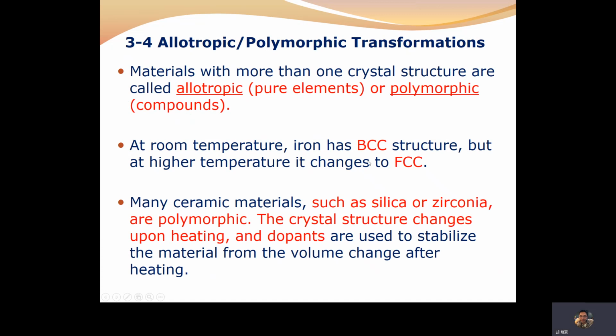So next, what is allotropic or polymorphic transformation? Materials with more than one crystal structure are called allotropic.